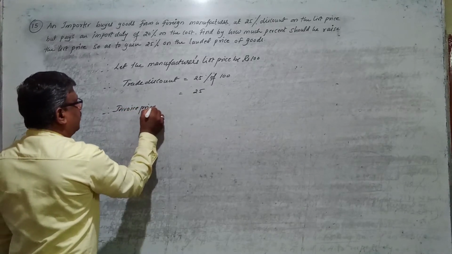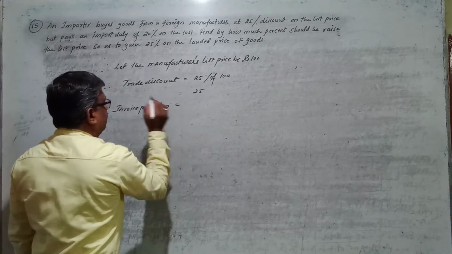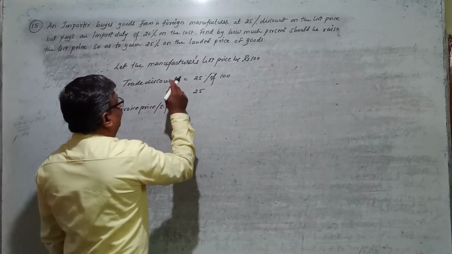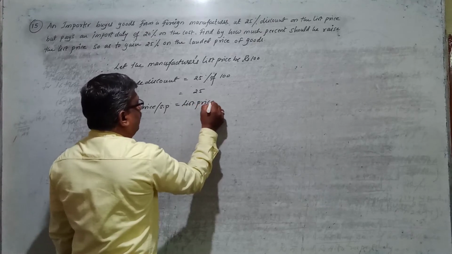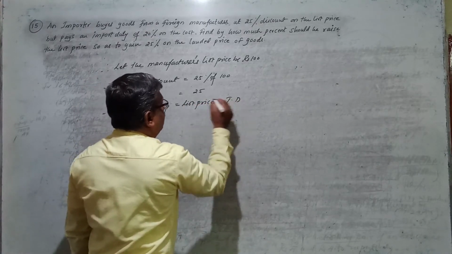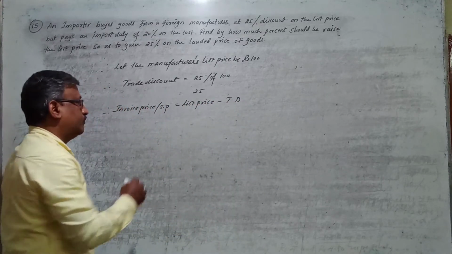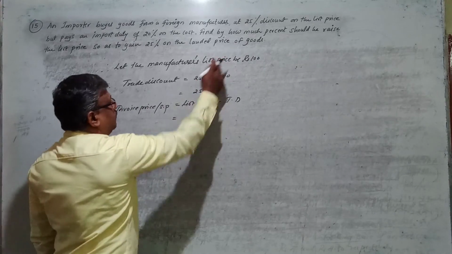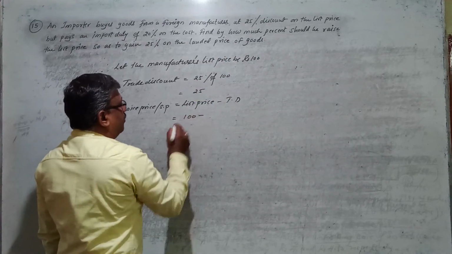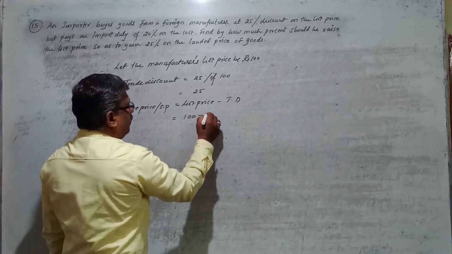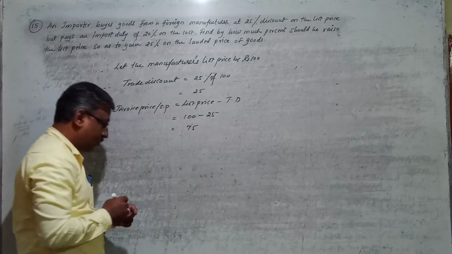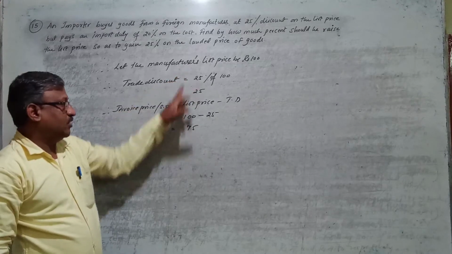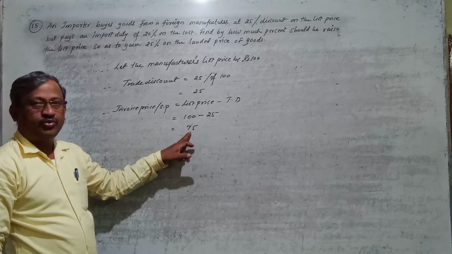Invoice price or selling price is equal to the list price minus the trade discount. So what is the list price of the manufacturer? It is 100 minus the trade discount, 25 rupees. So you will get 75 rupees. So the foreign manufacturer will sell his goods at 75 rupees to the importer.